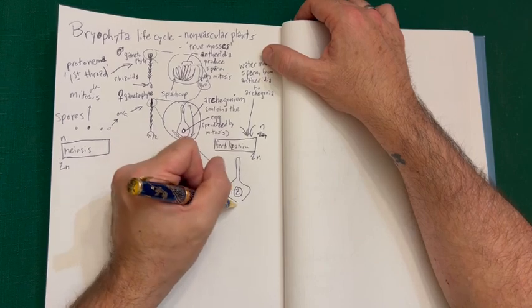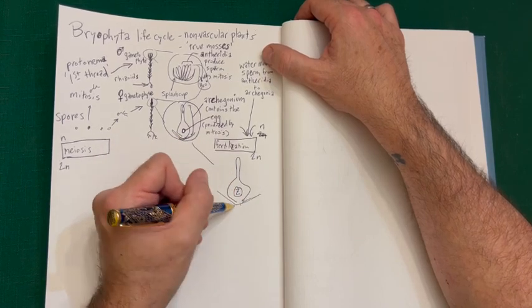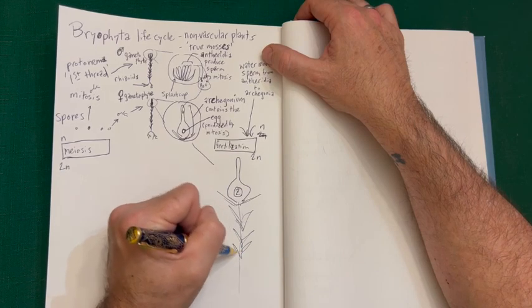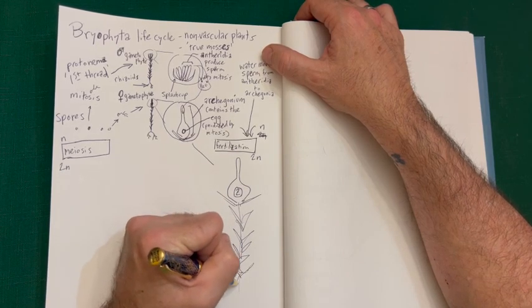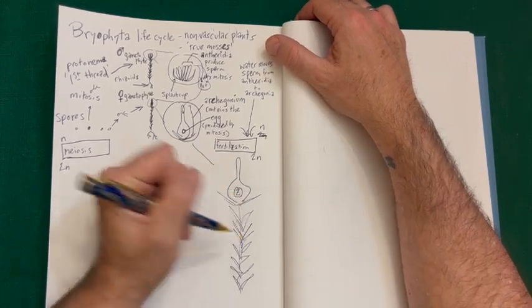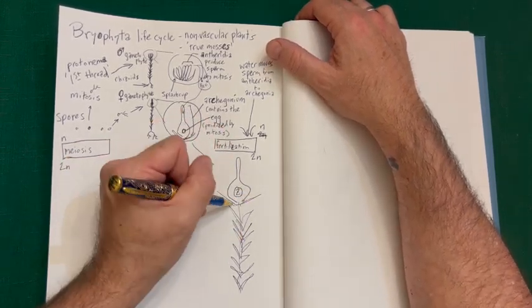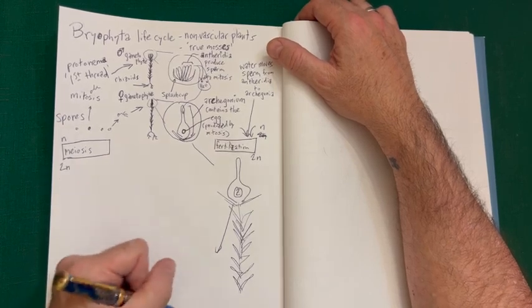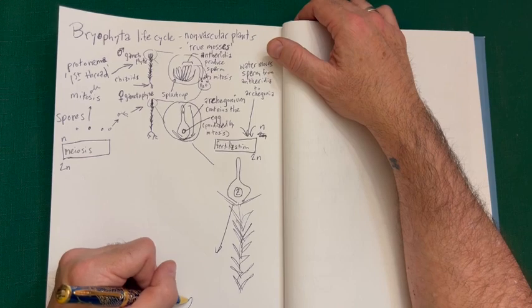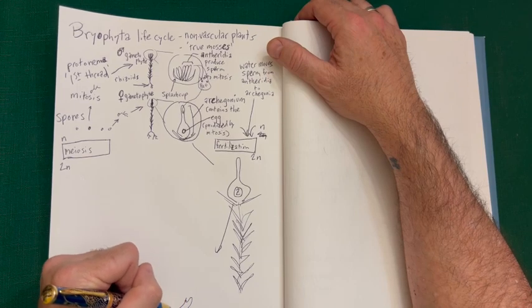All right, so we still have this archegonium at the top of our female gametophyte. So I'm going to redraw our stick moss once again. Okay, so here's the base of the archegonium.